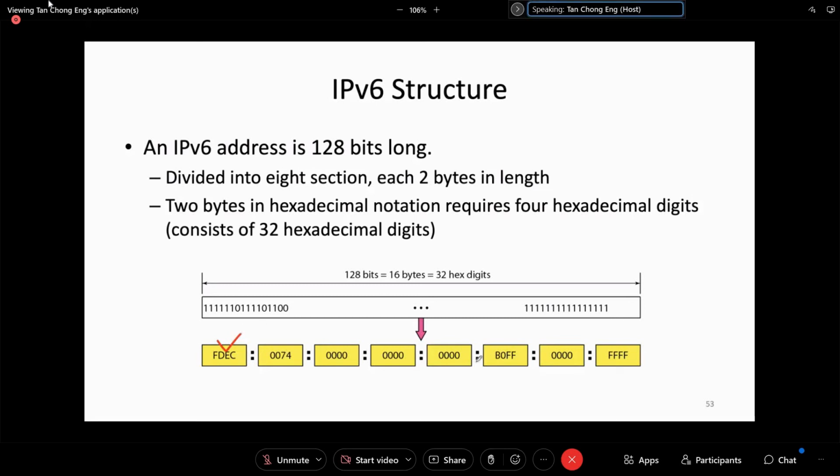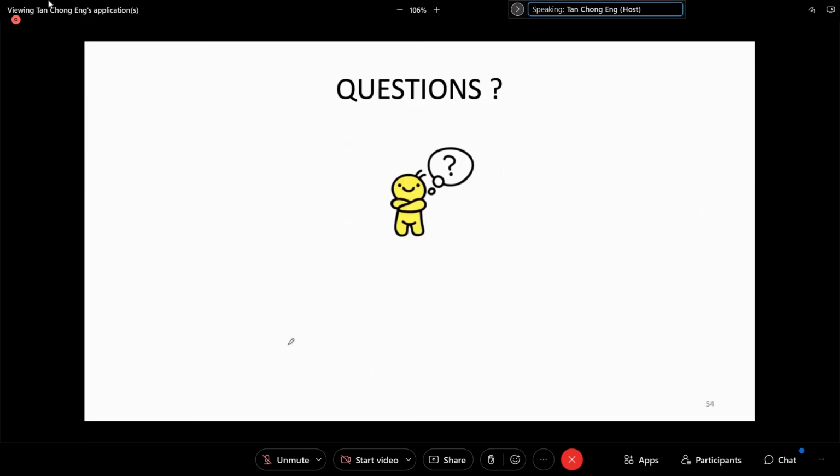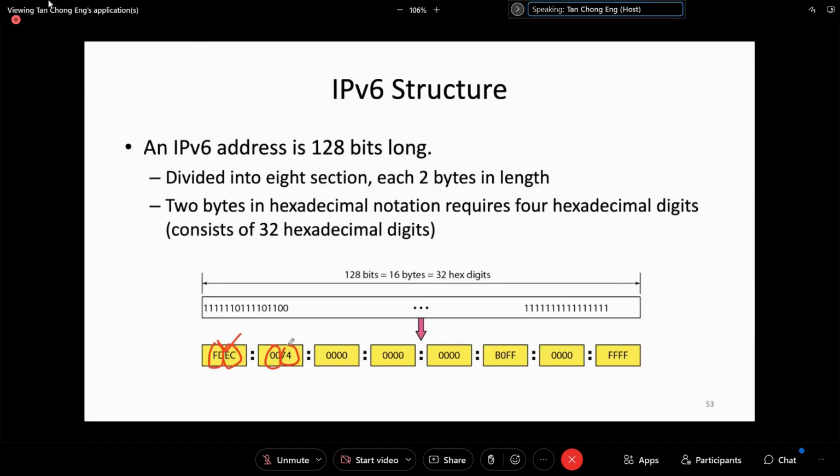But we have many of them. This is actually 2 bytes here. 1 byte, 2 bytes. 1 byte, 2 bytes. Okay? So altogether 16 bytes, and that adds up to 128 bits in length. So I hope this will give you a better picture.